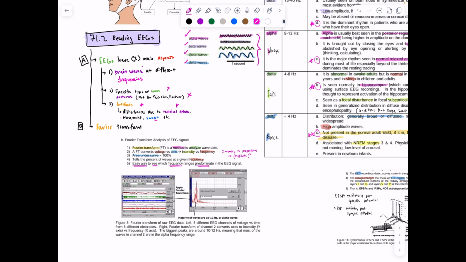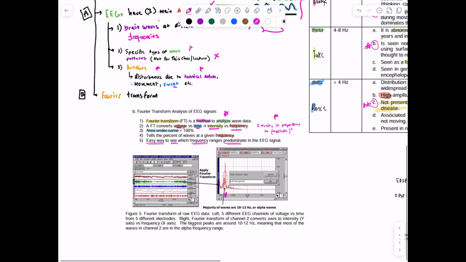All right, so then the Fourier transform thing we mentioned is basically you take in this raw data, and you can use Fourier transforms to analyze that data. You have the voltage versus time that makes up these waves, and you can essentially use Fourier transform to make it intensity versus frequency. Intensity is proportional to amplitude, but basically waves are inherently defined by their frequency. This is not the perfect example, but think about light, right? What separates visible light from another type of light, which is radio waves?